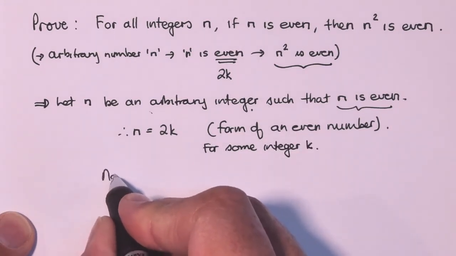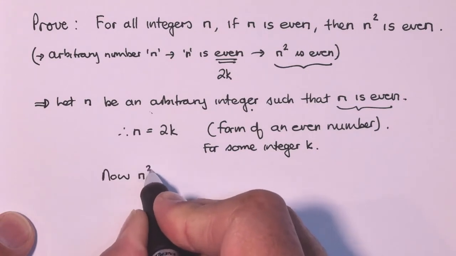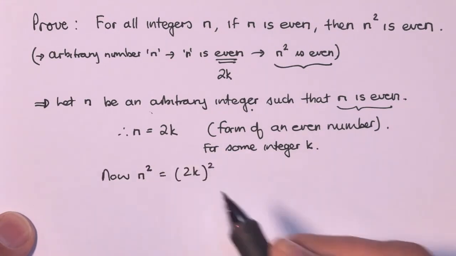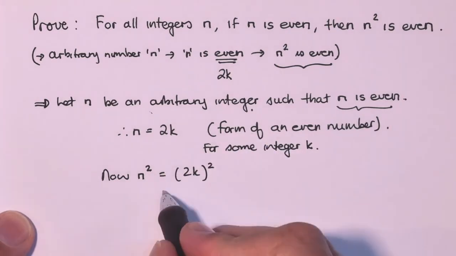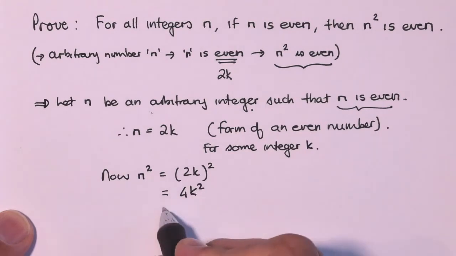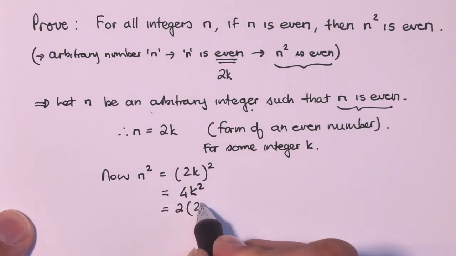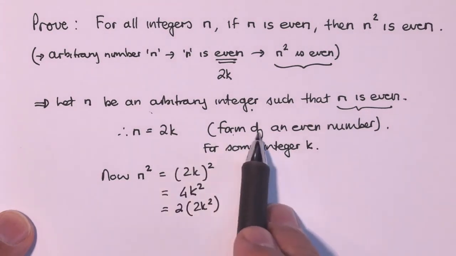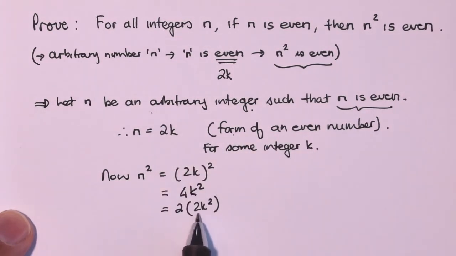So now let's look at n squared. Well, n squared will be, by this definition, (2k) squared. And that distributes to become 4k squared, which is twice 2k squared. So it still has the form of an even number. It's twice something. Okay? Do we agree with that, folks?